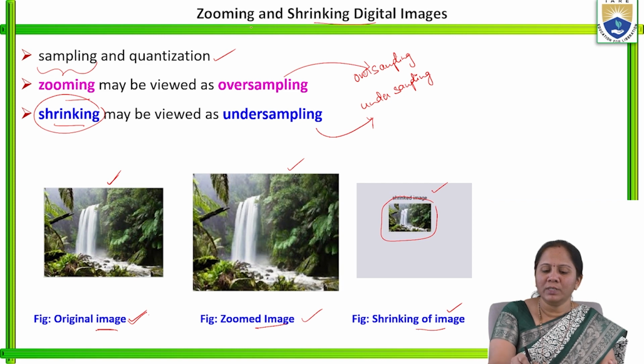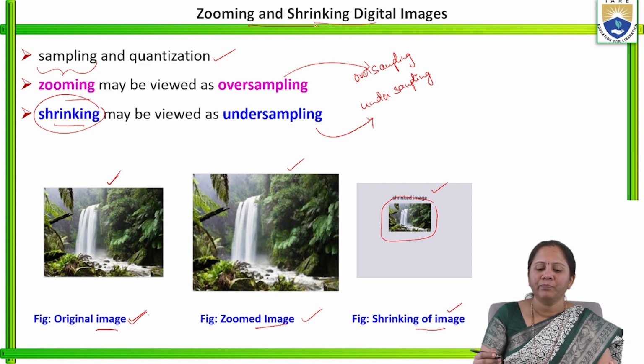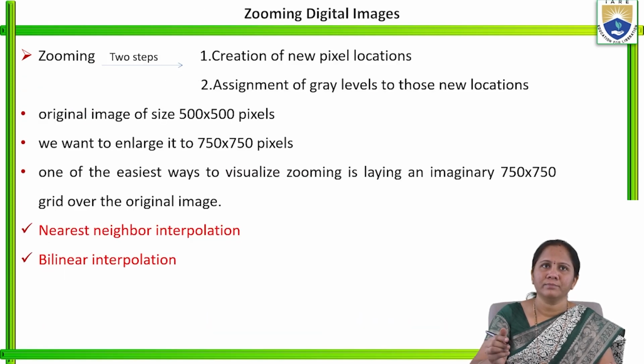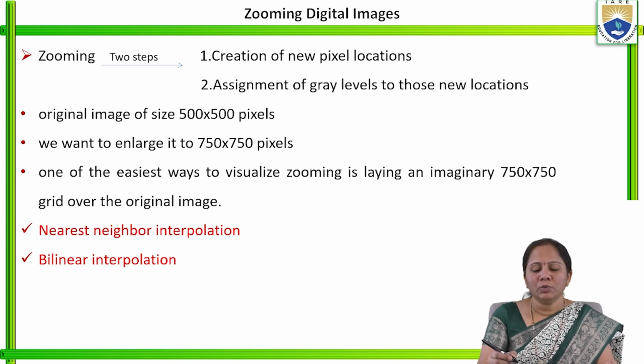Now we have to discuss zooming and shrinking in detail. We will see the concept of zooming in detail, because the concept of shrinking is the opposite. In zooming, as we are applying oversampling, we are going to add rows and columns, so the size of the image will be increased in horizontal and vertical directions.